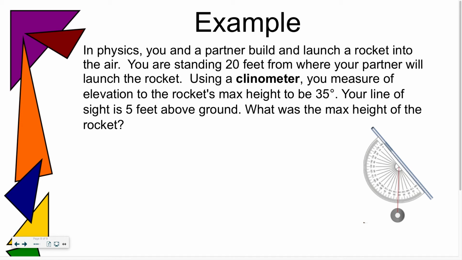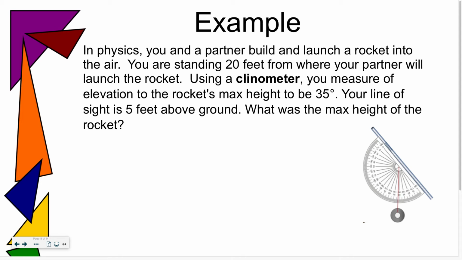What happens is, if you're holding that straw level with the ground, parallel to the ground, then the string should drop at the 0-degree angle. You have no angle of elevation, no angle of depression. But then when your partner, way over there, 20 feet away, launches their rocket, you're supposed to look through the straw or just follow this side of the straw.